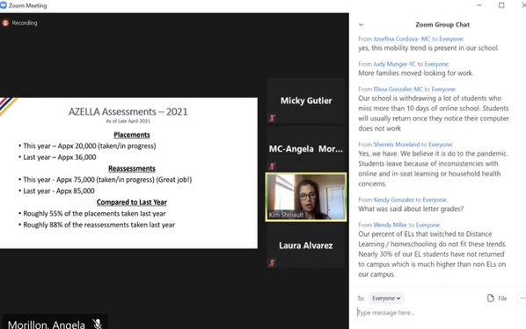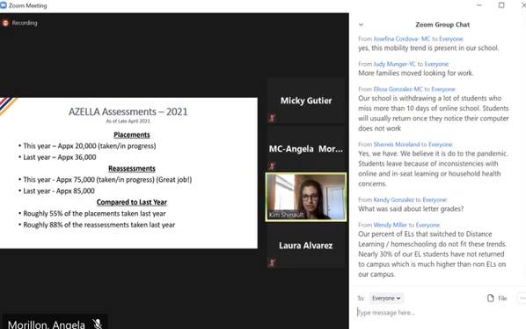So if we're comparing those two data points, we could say that approximately 55% of the placement tests last year were also taken this year. So we're about 55% of where we were before. And that's pretty remarkable considering the conditions within schools and on campuses throughout the school year.